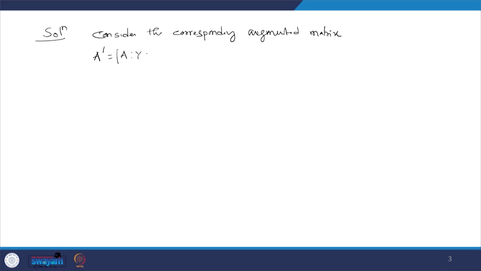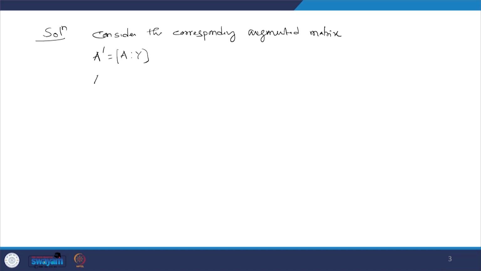So, let me write down the solution. Consider the corresponding augmented matrix, say A prime, which is equal to A and this column.